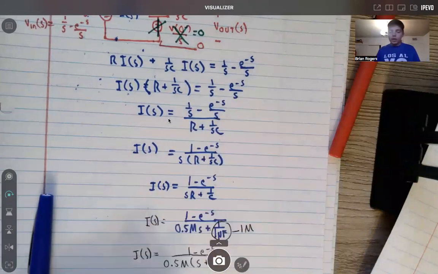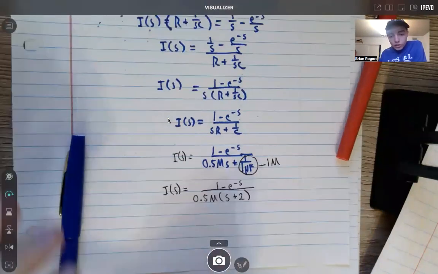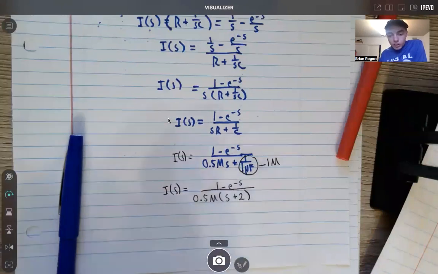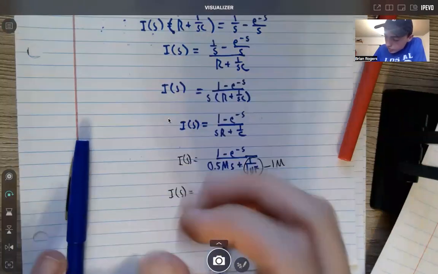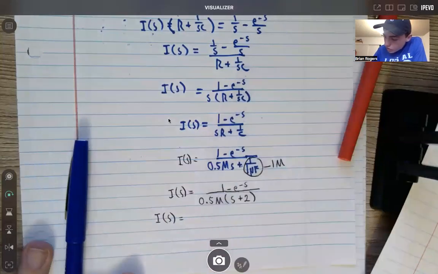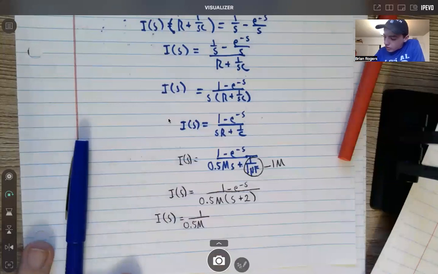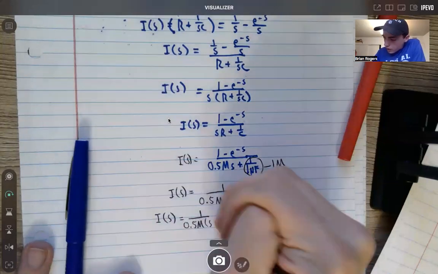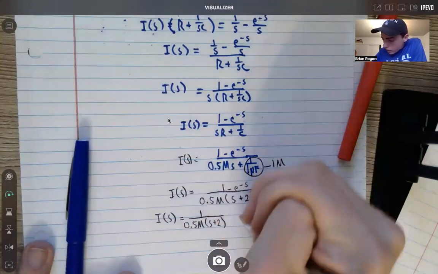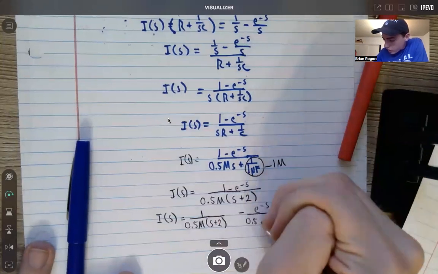And so now we have it in this format here. What we can do in particular is split this up into 2. And so I can write my I of s: it's going to be equal to 1 over 0.5 mega ohms times s plus 2, minus e to the negative s all over 0.5 mega ohms times s plus 2.